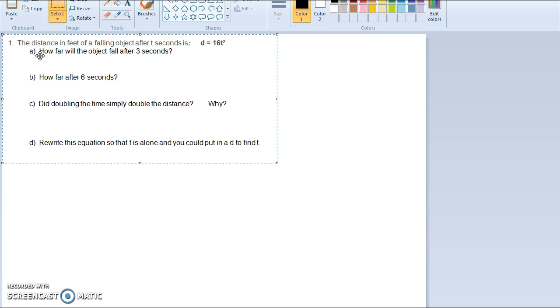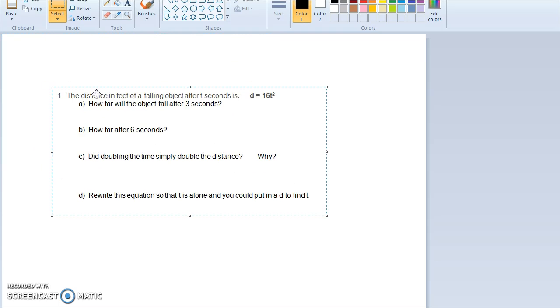It asks the distance in feet of a falling object after t seconds is d equals 16t squared. And we want to know how far the object will fall after 3 seconds.